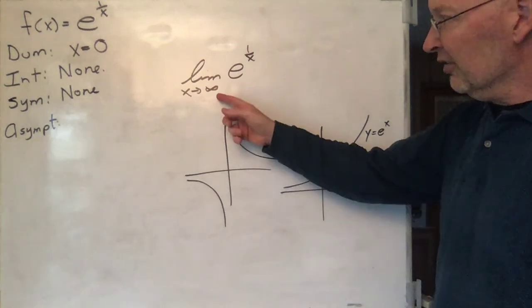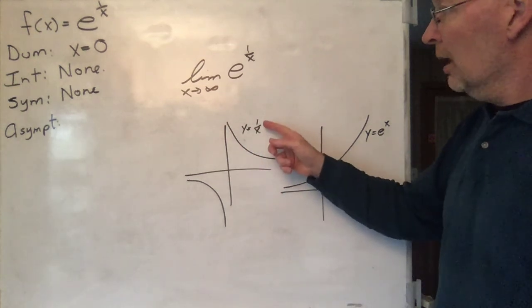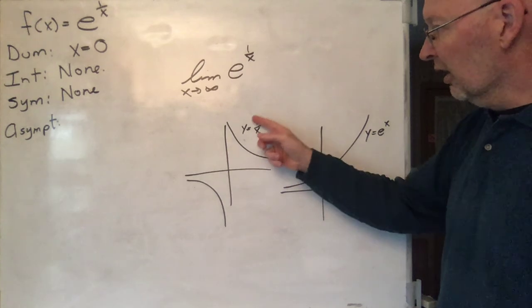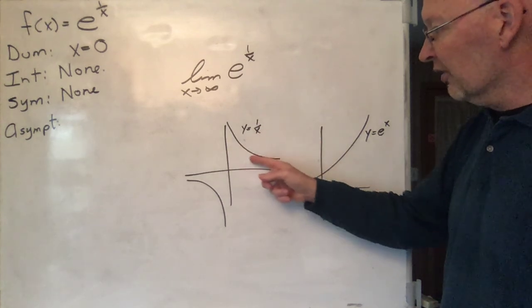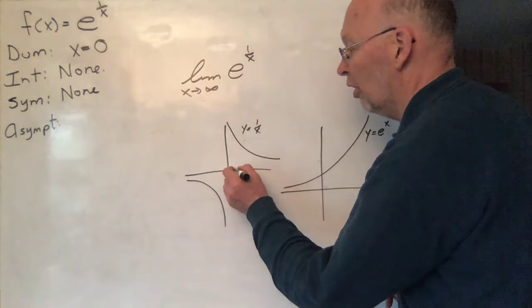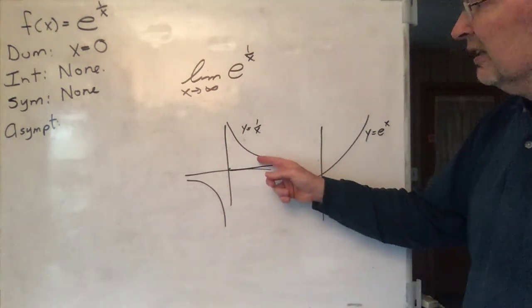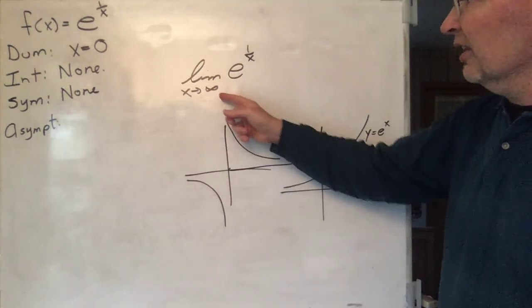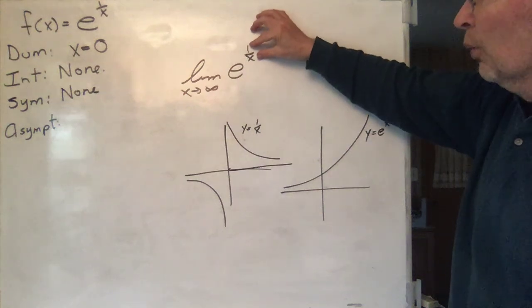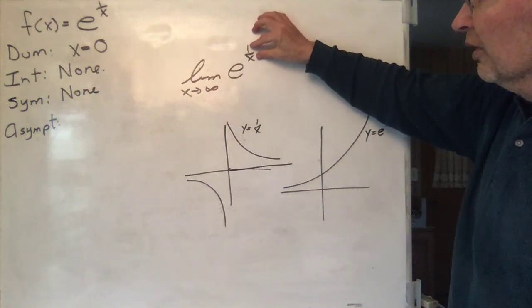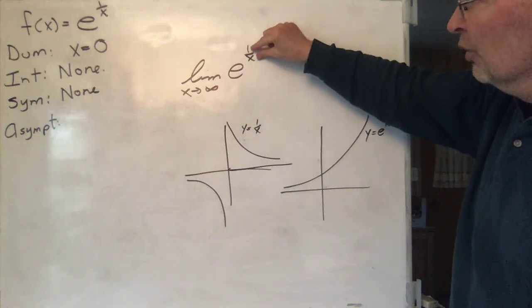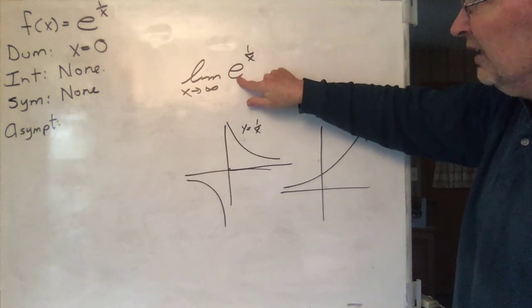x is first going into here, and then that's going into here. So let's think. As x goes to infinity, that is, it gets really, really large. What happens? 1 over x is going to get really, really small. It's going to be going towards 0. You don't need to even look at the graph to see that. You can just see it. As x gets really, really big, 1 over x is going to be going towards 0. So this is going towards 0, and so that's what e sees.